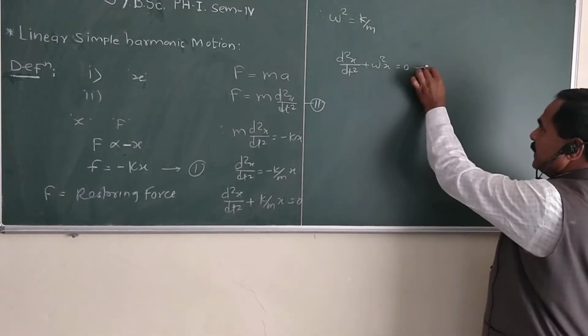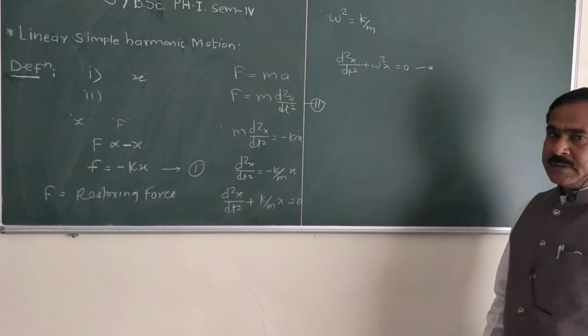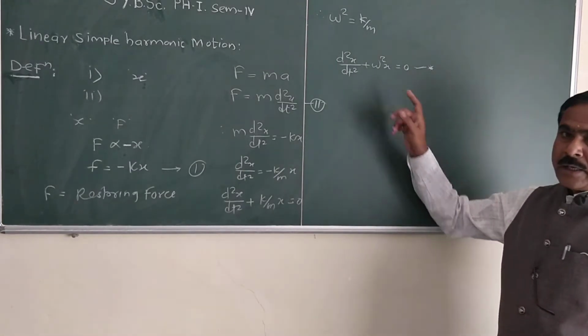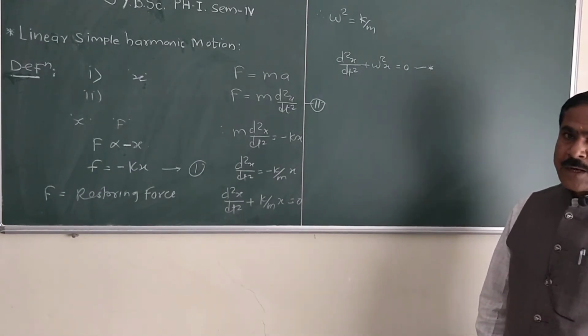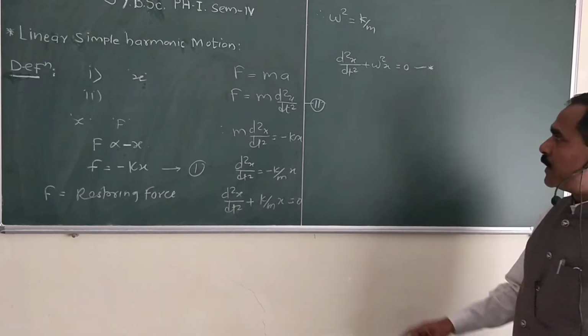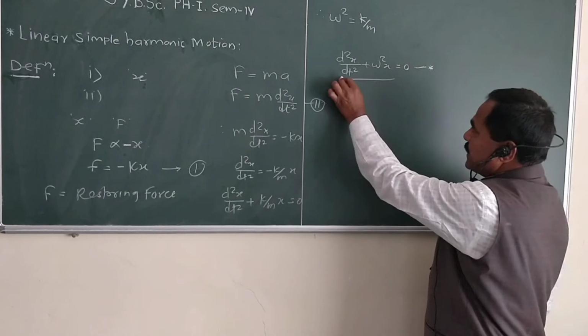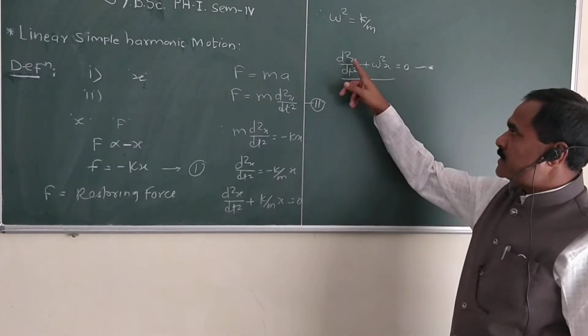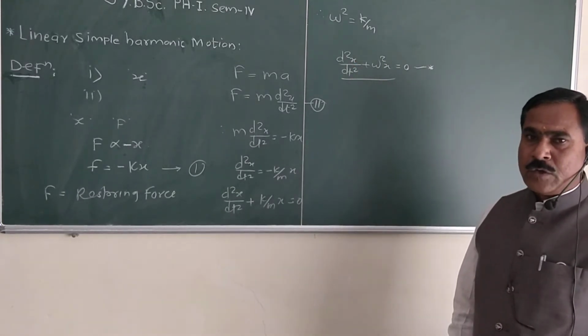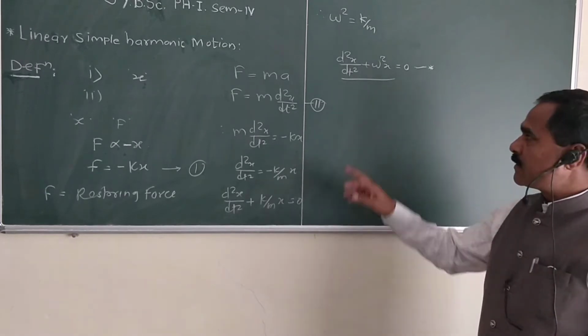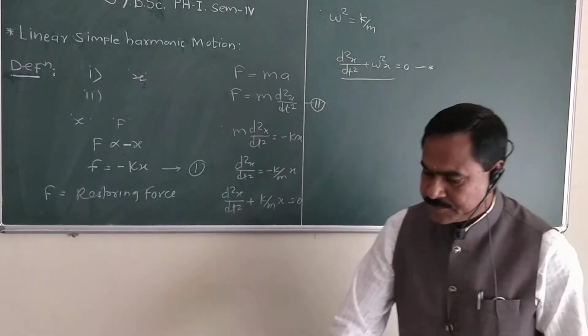So this is the last equation, and this equation is called the equation of motion of the particle performing linear simple harmonic motion. This is a differential equation which is second order, linear and homogeneous.